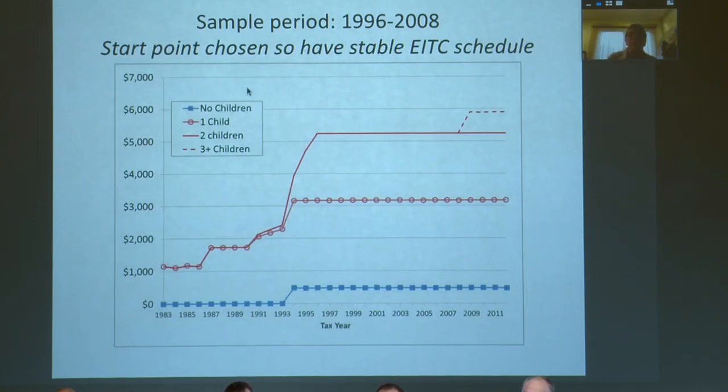We chose a period from 1996 to 2008 so that the EITC schedule is relatively stable, okay? So what you can see here is these are the max benefits, the max credit for these different groups, and you can see it's flat for the period that we're looking at. We also had to stop in 2008 at the time because that's when the SOI data were available.